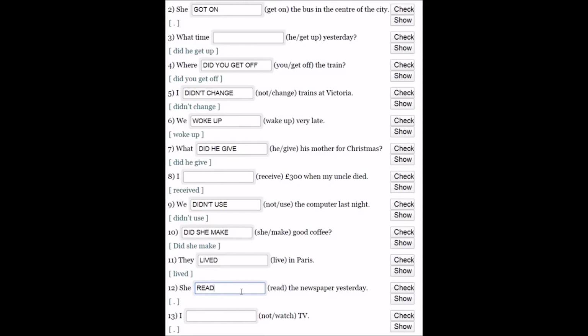You write it with the same letters, but when you want to pronounce it, you read it like the color red. She read the newspaper yesterday. That's the difference. The writing is the same, but the way you say the word is different. She read the newspaper yesterday.